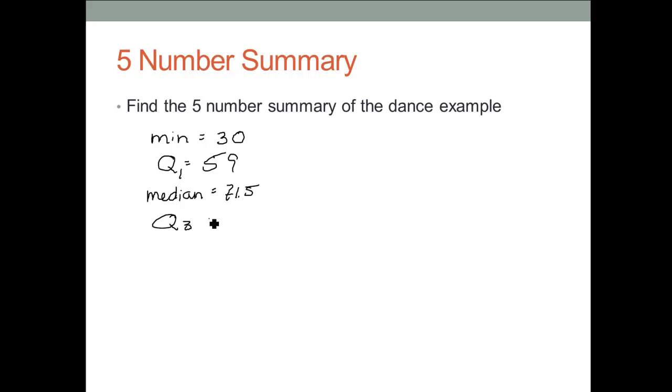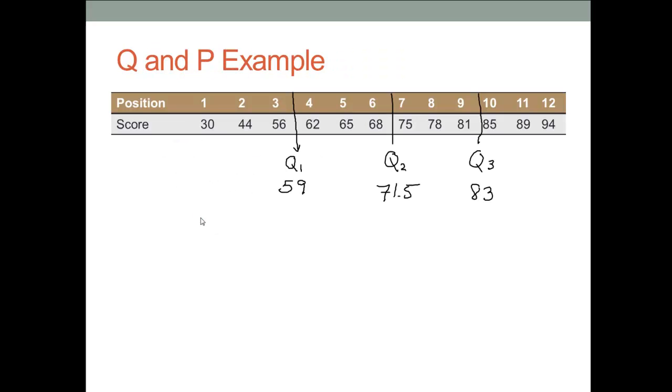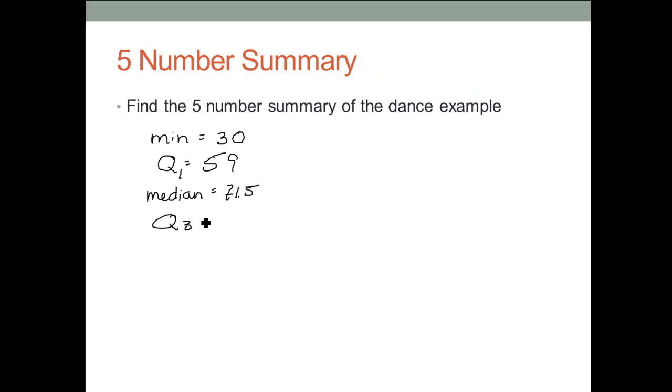Quartile 3 was, I believe, 83, but we're going to check anyway. It was 83. And our maximum is 94. This gives us a nice description of how the data is laid out. And we're going to do it graphically as well. You're going to need this 5-number summary for the box plot that we're going to draw in a minute.